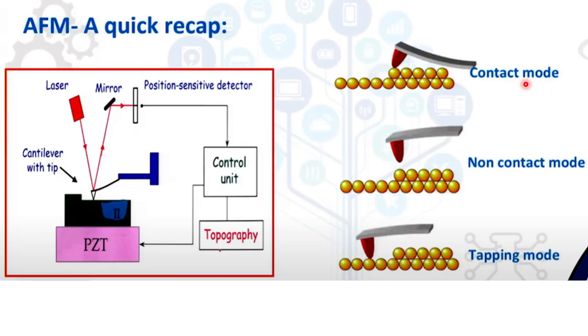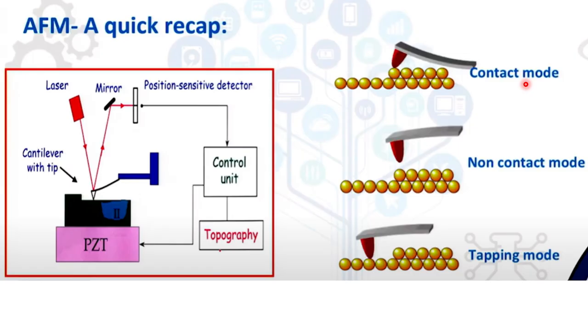For example, through contact mode, you will get much more idea from the surface, and through non-contact mode, you will get the idea about the surface roughness or different phases present in your sample.